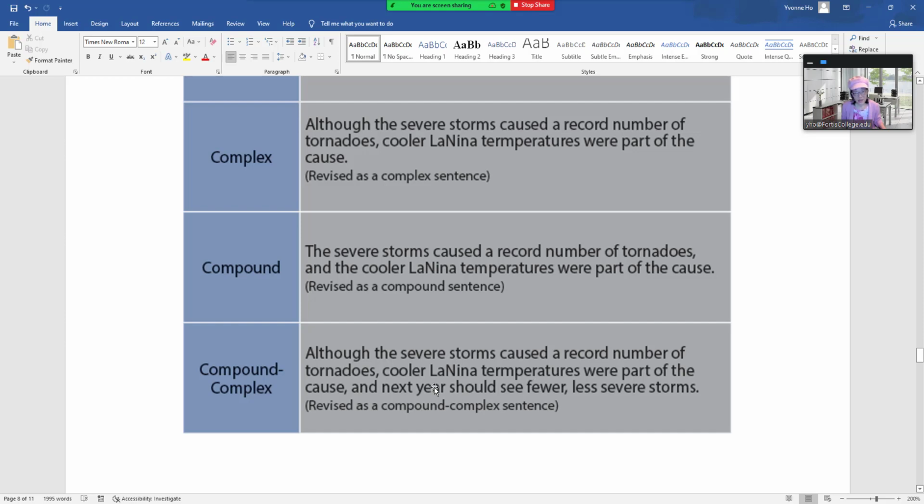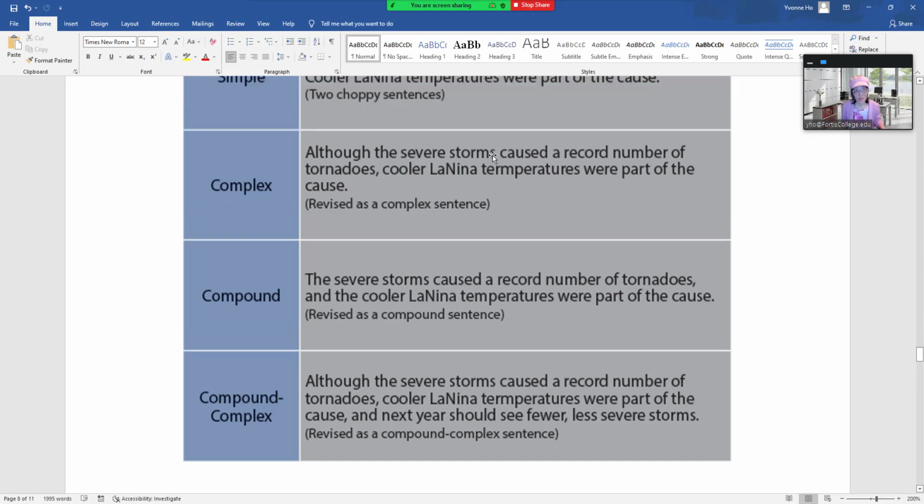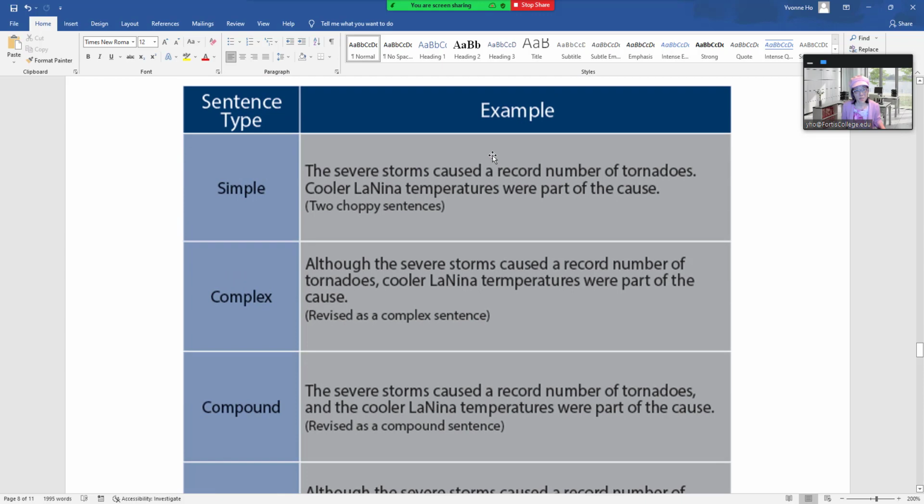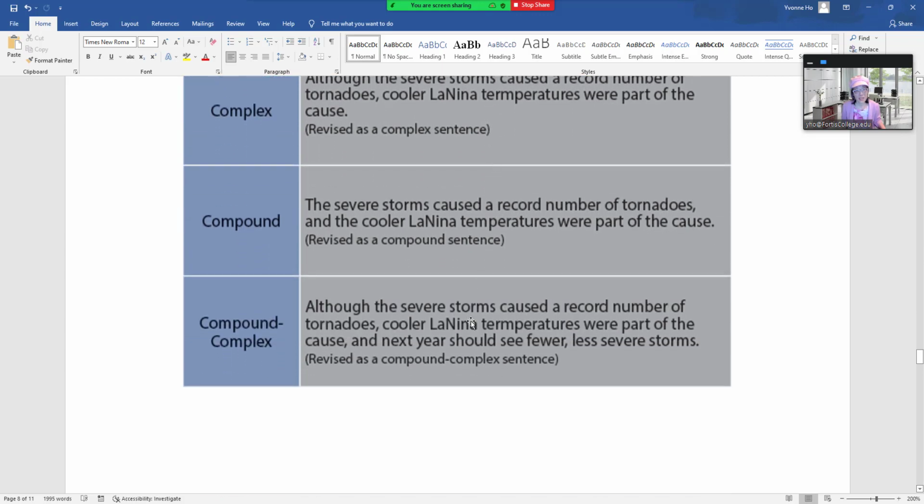This idea of the less severe storms is not in simple, it's not in the complex. This is only in the compound complex, because a compound complex sentence allows you to add a third idea. And that third idea is usually that dependent clause. In this case, it's not a dependent, but anyway, it allows you a third idea. So a compound complex sentence, as I said before, is the longest sentence that you can have in English.